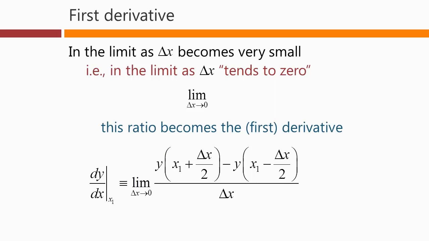Then this ratio that we've written down here becomes the first derivative. So we're saying that dy by dx at the point x1 is the limit as delta x tends to 0 of the change in y over the change delta x in x.